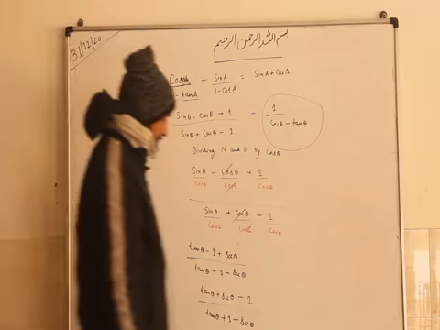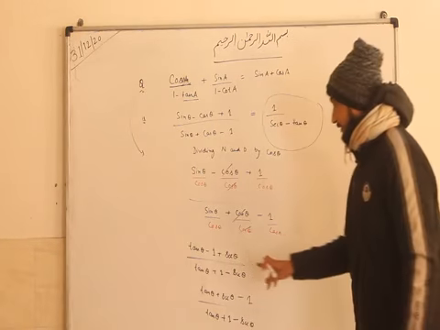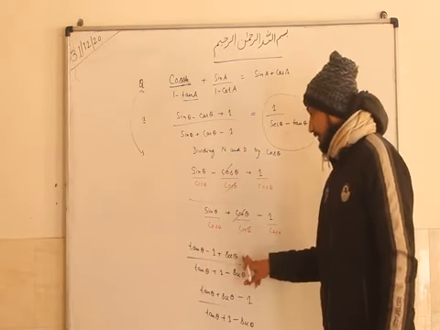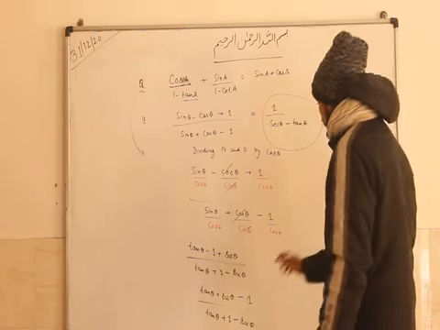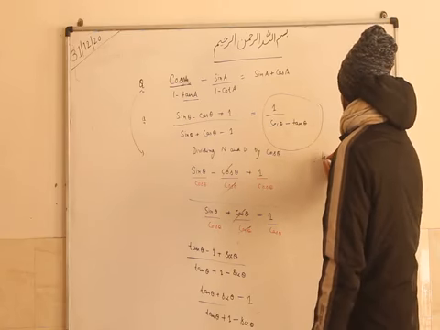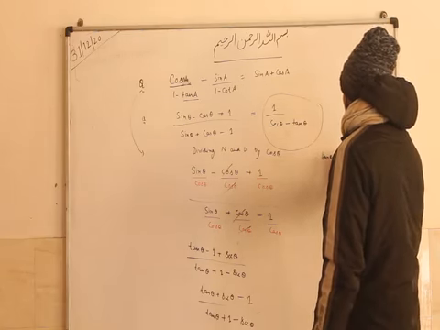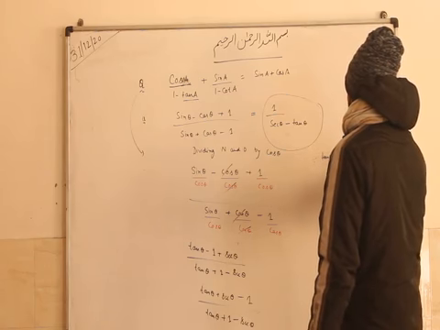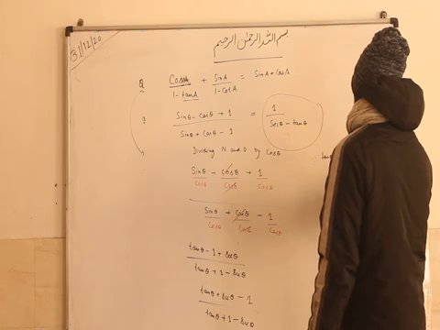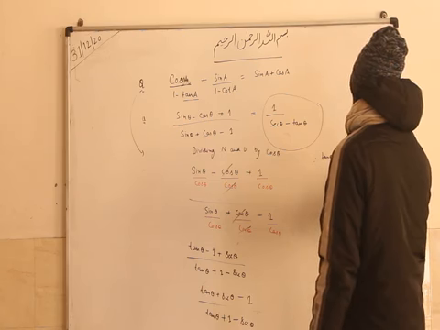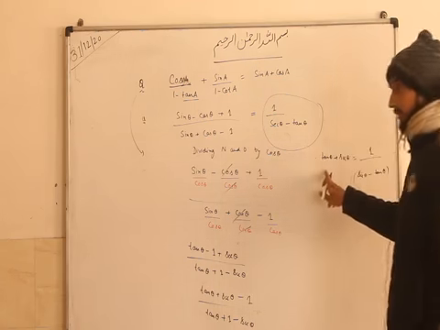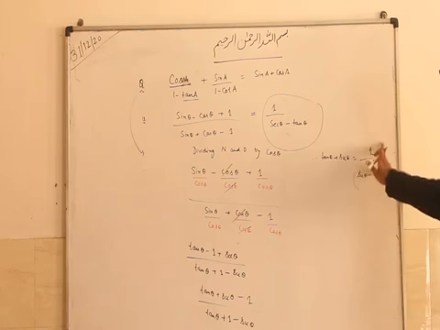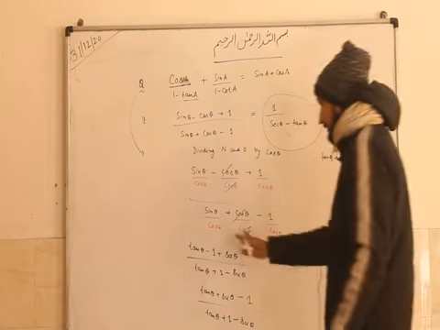I have just shifted this to tan theta plus sec theta. Now we know that tan theta plus sec theta is equal to 1 by sec theta minus tan theta. We are writing sec first: sec plus tan is 1 by sec theta minus tan theta.